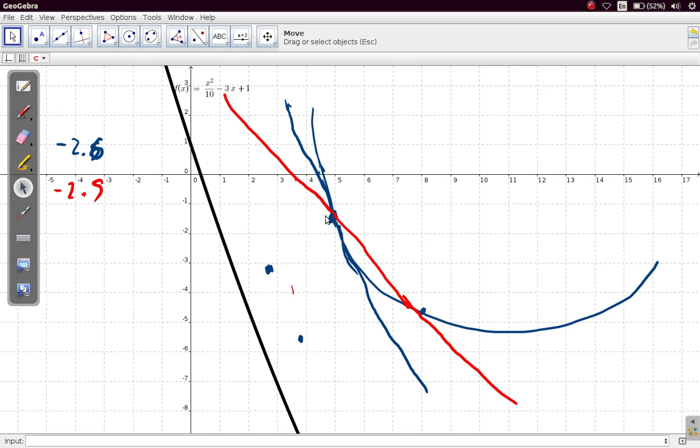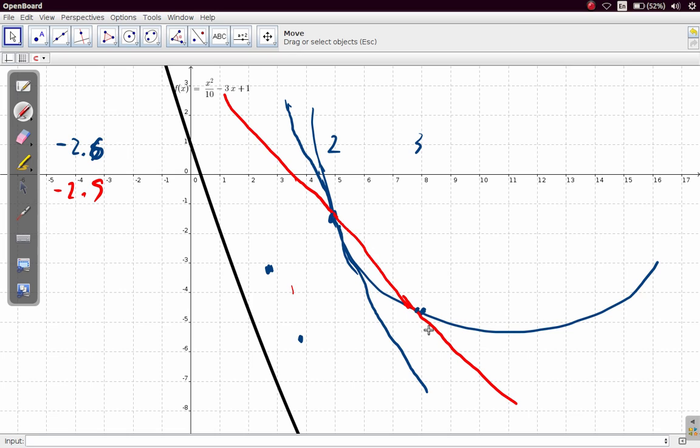And if this was below 2 and this was below 3, when you find the gradient at 2, this is the line that you would have, negative 2.6. When you find the gradient at 3, the gradient of a line passing between 2 and 3 for the total cost function, this is the line that you would have.